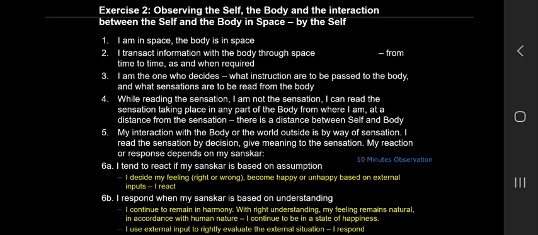The second possibility is that I am observing, and now these sanskars are coming out. If they are coming out with intensity, then let them come out. Just observe it. If the intensity is increasing, let it increase.